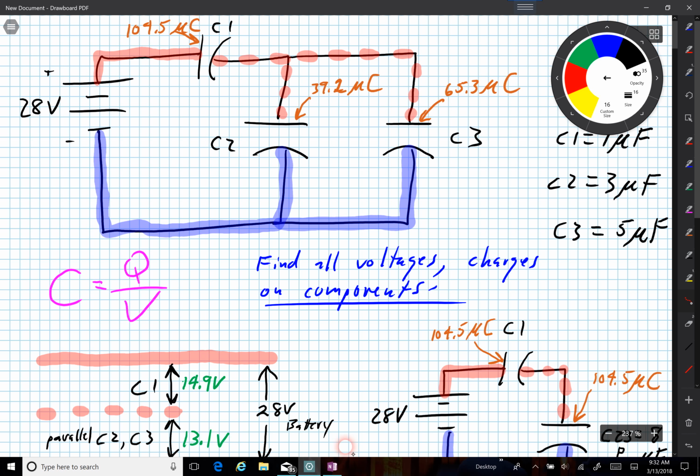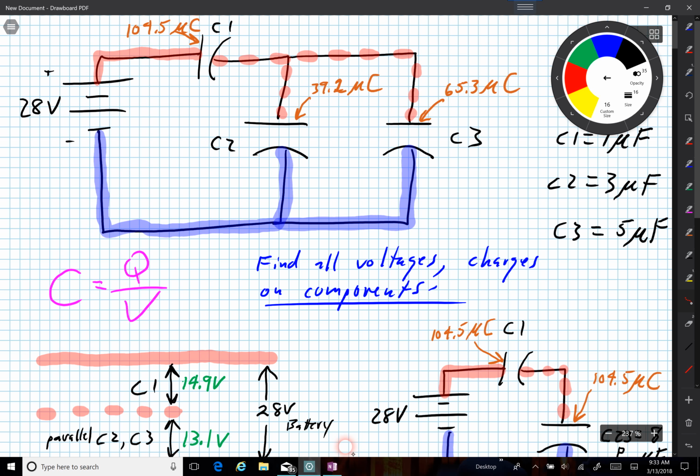It's not that each individual capacitor plate gets 104.5, but the two in combination get 104.5. When we have parallel capacitors, the charges on the plates have to add up to the total that you get when you make an equivalent parallel capacitor.